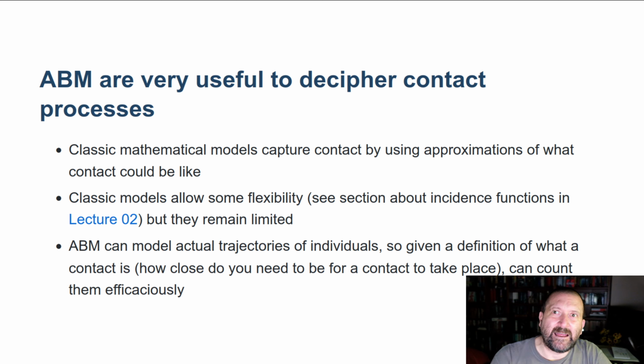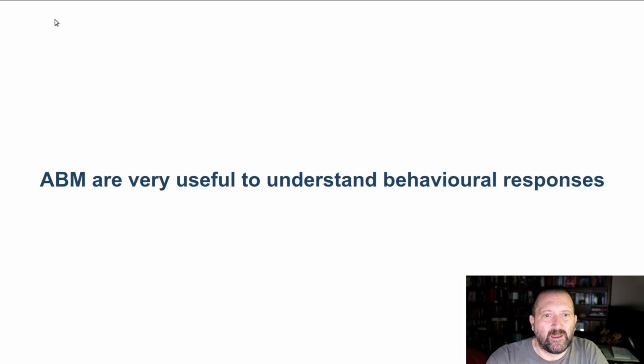And because agents are individuals and they move, sometimes, not all models do that, but they can move in space according to prescribed patterns, then it's easier to understand what an actual contact is in this context. So I think this is really where ABMs are very, very powerful potentially.